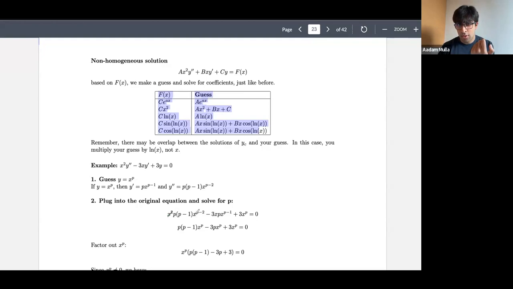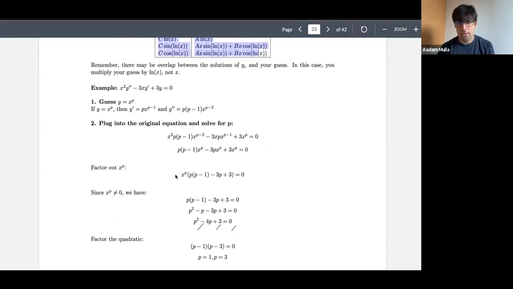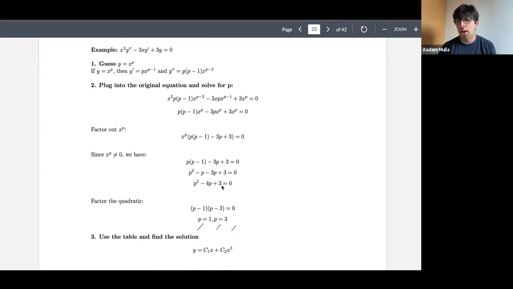This x and x to the p minus 1 is also going to combine into x to the p, and this x to the p is also just x to the p. So at the end, these x to the p's are going to cancel out, and you're going to be left with something nice, which is p times p minus 1, a quadratic in p. And you solve for p the same way as before, and then plug into the table. Okay?